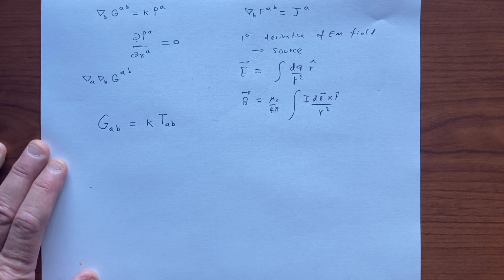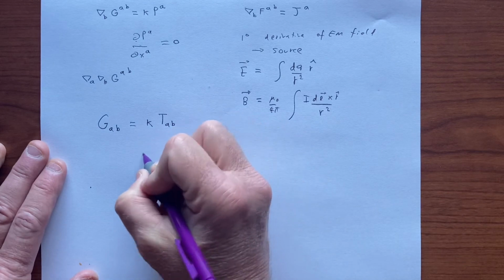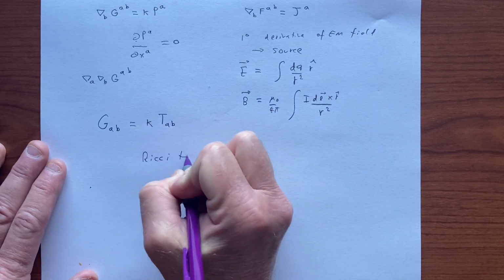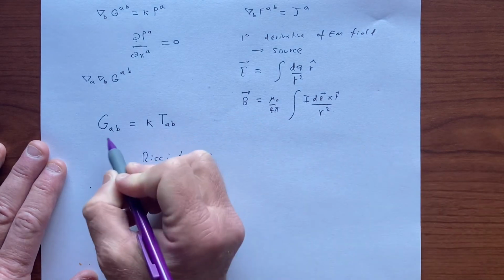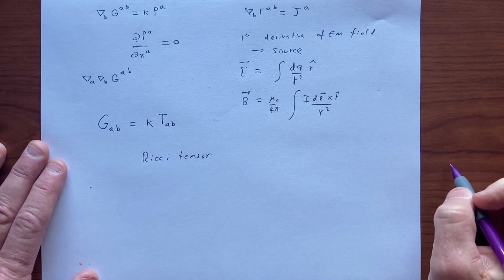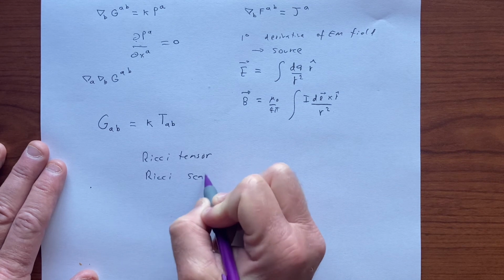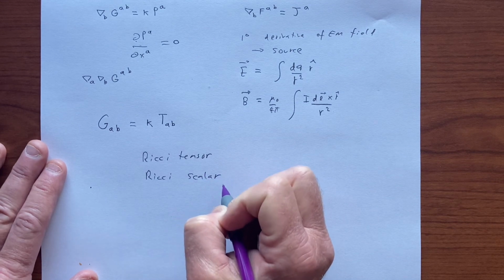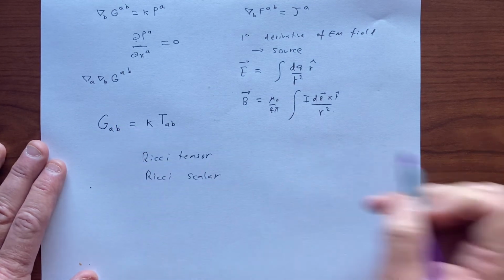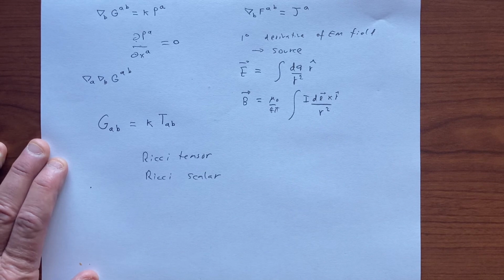So we know about the Ricci tensor, which is a second rank tensor. We know about the Ricci scalar. We can make something that's a rank 2 tensor that involves a Ricci scalar.